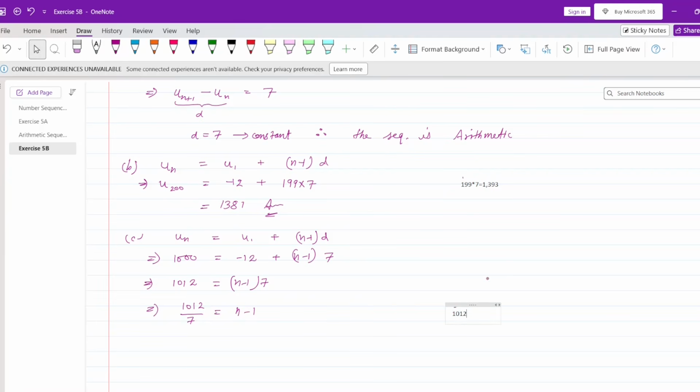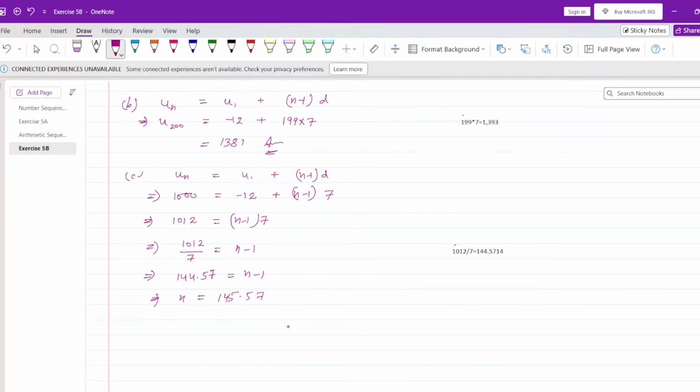So 1012 divided by 7 equals 144.57. 144.57 equals n minus 1, or simply the value of n is 145.57. Now we can say, since n is not an integer, therefore 1000 is not a member of the sequence.